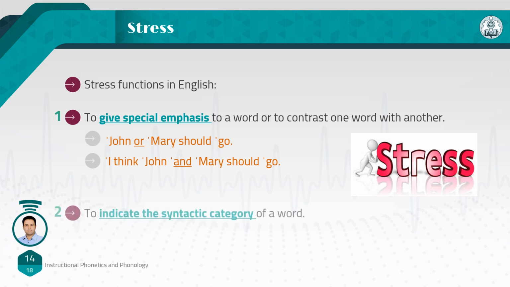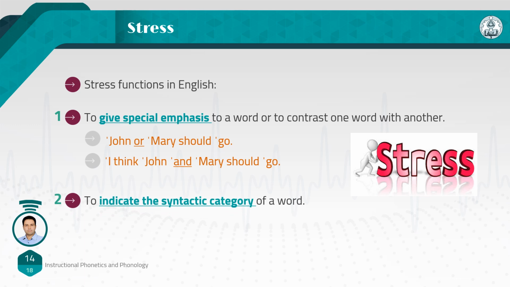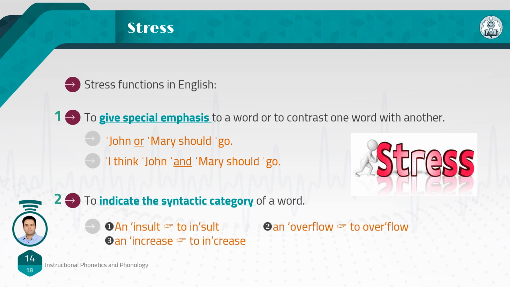Another major function of stress in English is to indicate the syntactic category of words. In fact, there are many noun-verb oppositions such as an insult to insult, or for example, an overflow to overflow, an increase to increase.